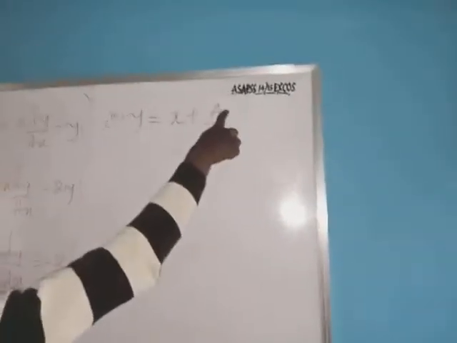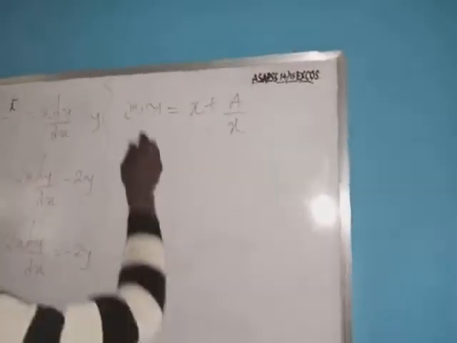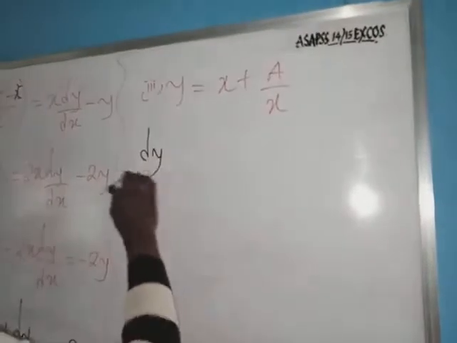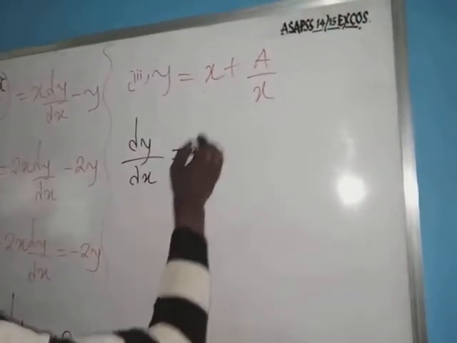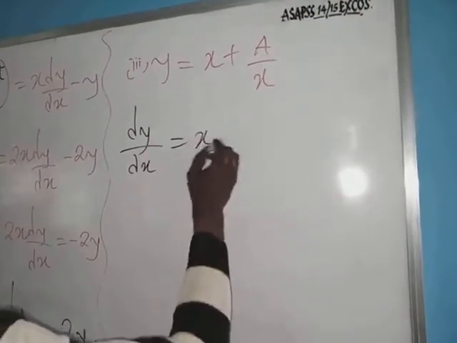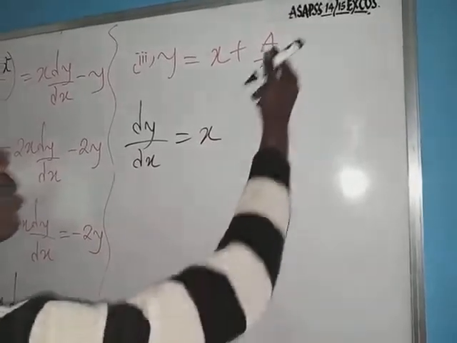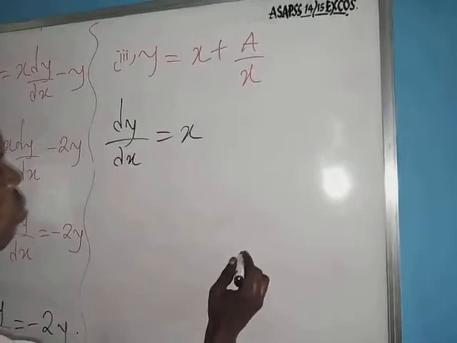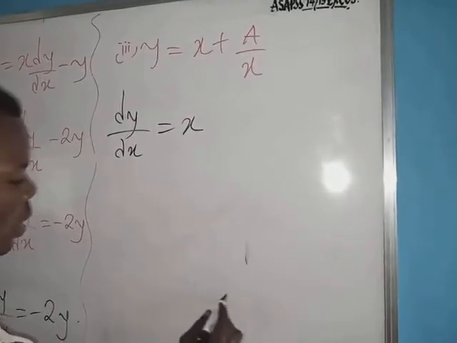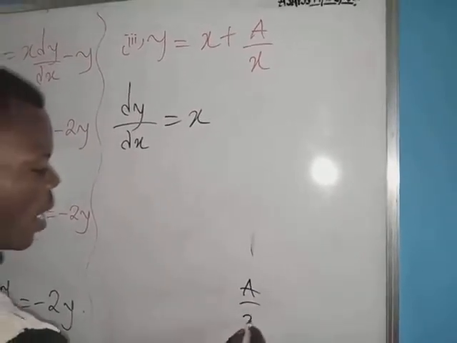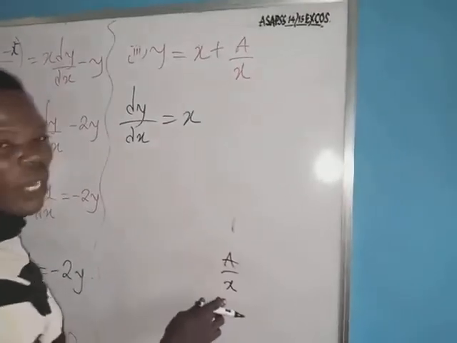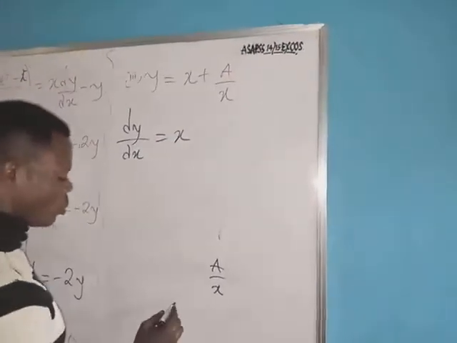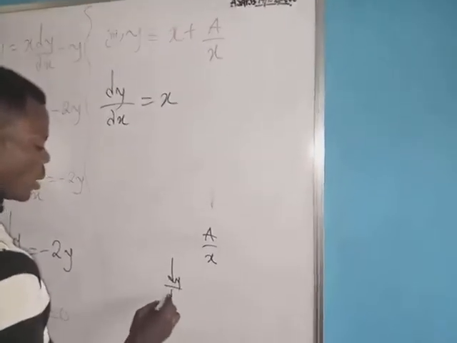Don't forget, we want to find the value of a here. So when you differentiate, you have dy/dx equal to differentiate this to give you 1. Then when you differentiate this fraction, let's say you have a over x, you apply the quotient rule.